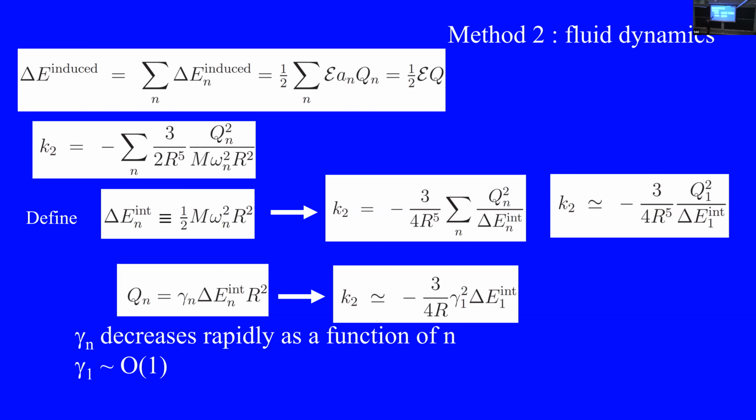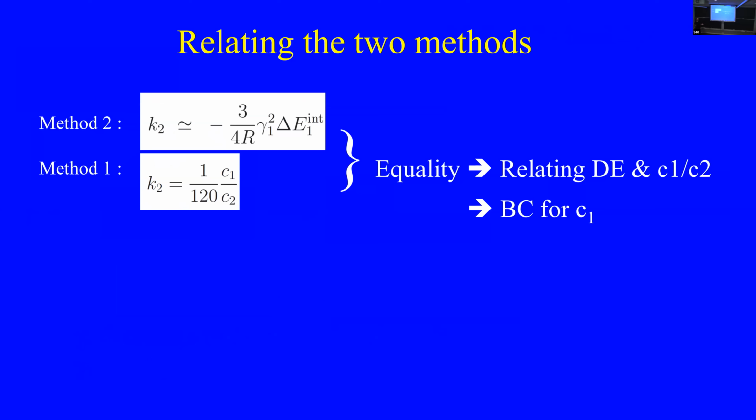I assume here also that the dominant contribution comes from the low-lying states, and the simplest approximation is just assuming that it comes from the first excited state. And you see that you get an equation which is very similar to the one that I did. Now, the two methods have to agree because they calculate the same quantity.